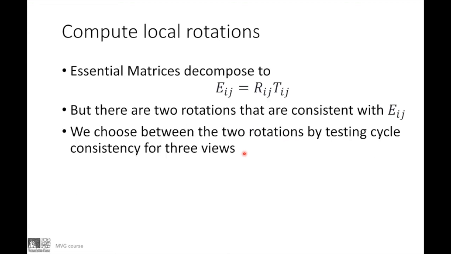So how do we get rotations from pairwise images? We take pairs of images and compute the essential matrices. I'm assuming now that we have calibrated images. Given essential matrices, we can decompose them into rotations and translations.